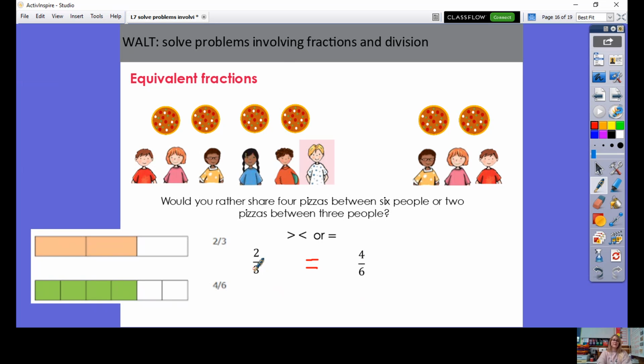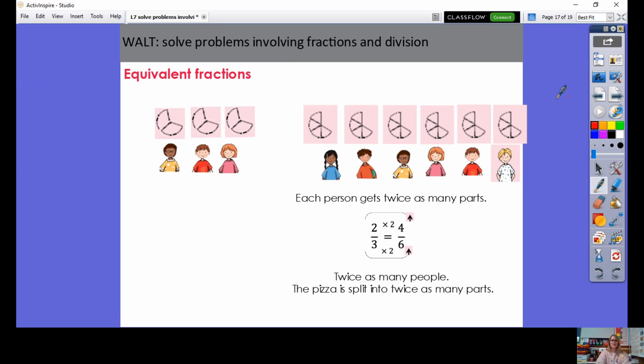So it's just up to you whether you would rather spend more time with more people or with less people. You're still getting the same amount of pizza, okay? So each person is getting twice as many parts here, but you can see if I put them closer together, it is still the same amount of pizza, okay? There's twice as many people, the pizza is in twice as many parts.